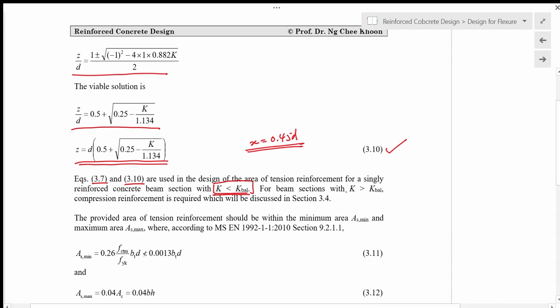If K is greater than K balance, then compression reinforcement is required, which will be discussed in the next section. So bear in mind that equation 3.7 and equation 3.10 can only be used to design beams with K value less than K balance.